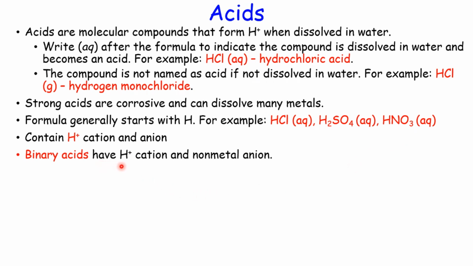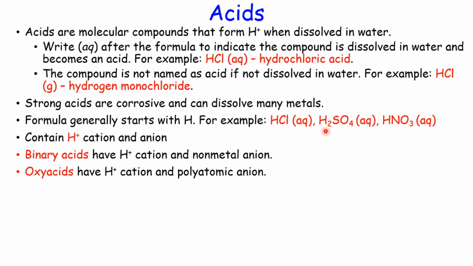Binary acids have a hydrogen ion cation and a non-metal anion. Let's say hydrochloric acid, you see right here, that's just a binary acid. It has a cation, which is H+, and then a non-metal ion, in this case a chloride.